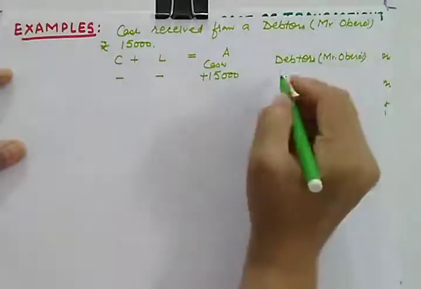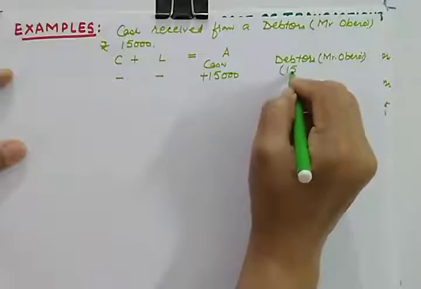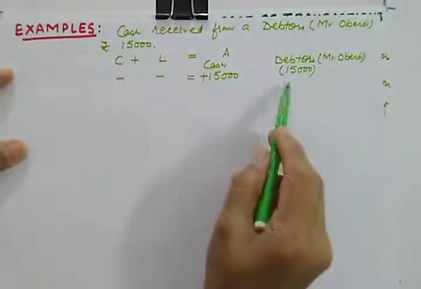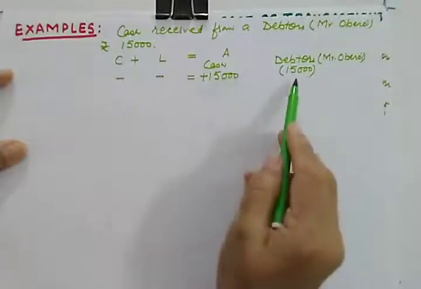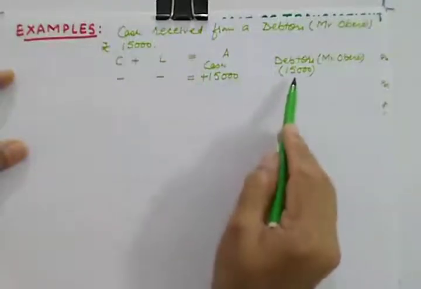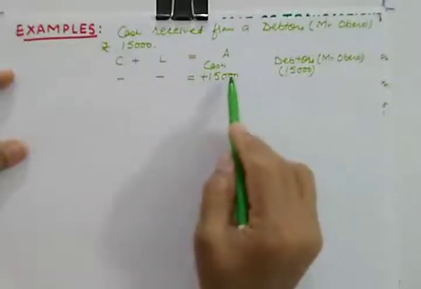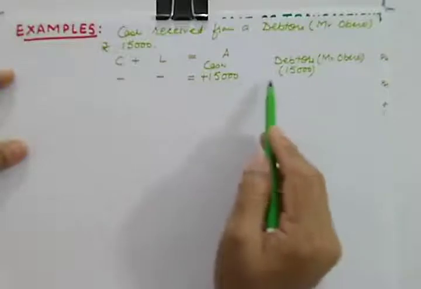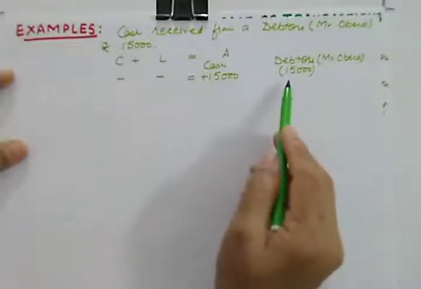So debtor will reduce by 15,000. Just see the impact, both are on the asset side of the accounting equation. Debtor is decreasing, cash is increasing. So finally this is not going to affect your accounting equation.